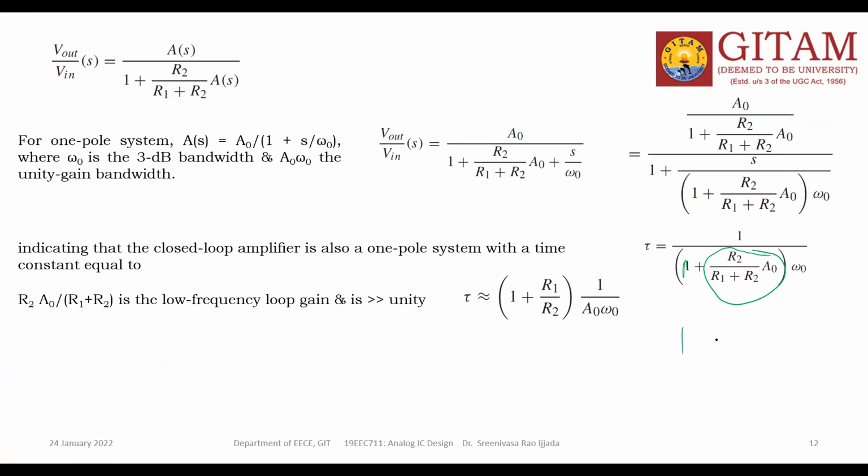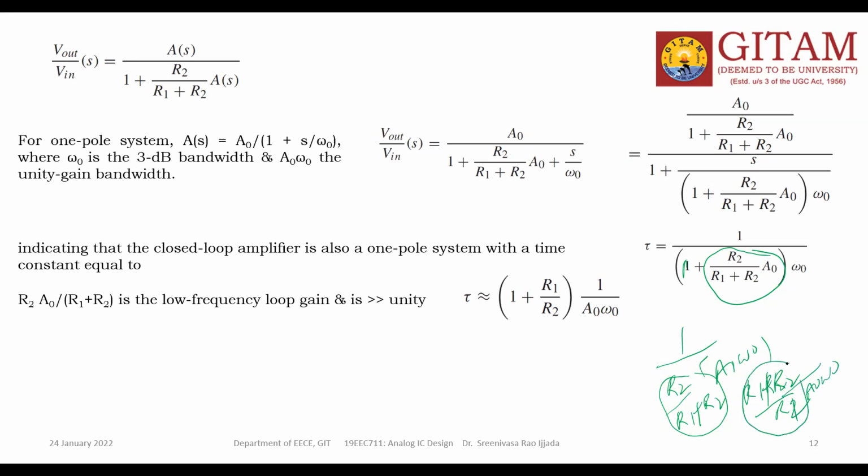Then 1 by R2 by R1 plus R2 into A naught omega naught.